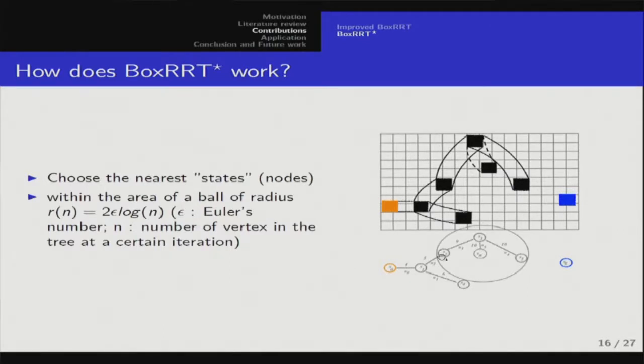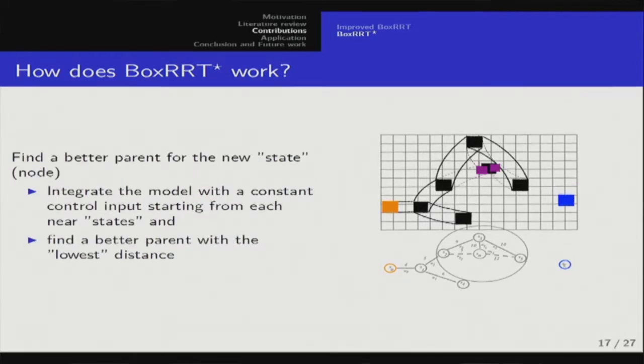We need to see if by integrating the model from this state to arrive at the new one, we will arrive at this state with a smaller distance for the path. So we are starting to look for the better parent for this temporary state.